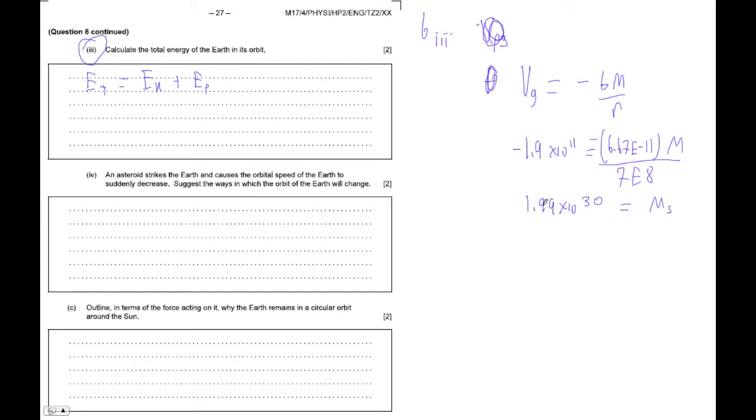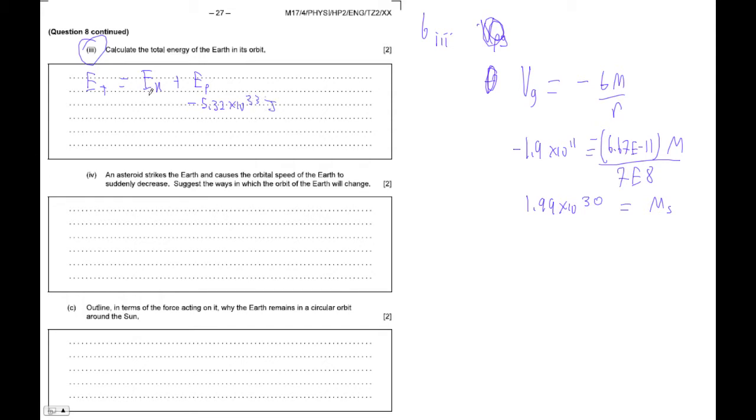So now the cat's out of the bag. We can now find the potential energy, which is negative 5.32 times 10 to the 33rd, sorry.